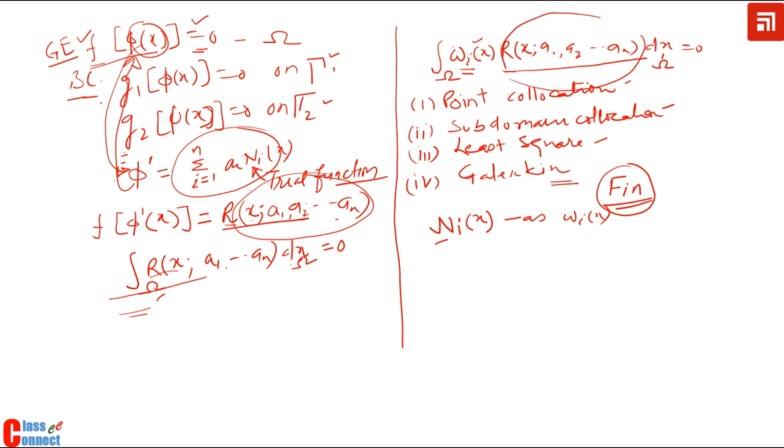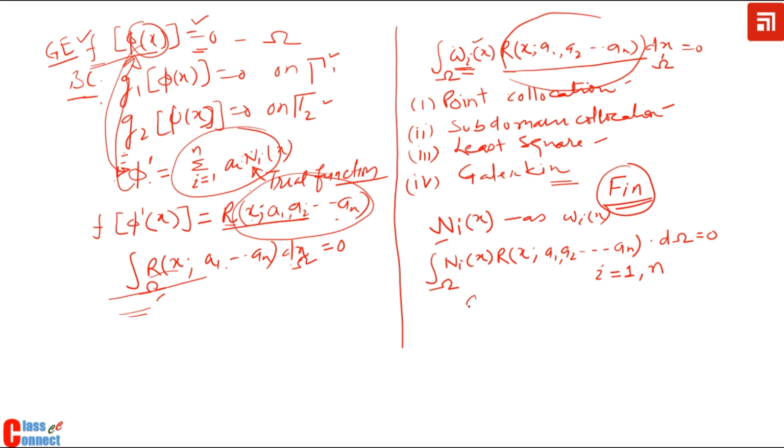Whatever trial function we have used for the approximation of the field variable, the same trial function will be used for the weight function. If we are using the same trial function, then it is the Galerkin weighted residual method. So this is basically the equation for the Galerkin weighted residual method.